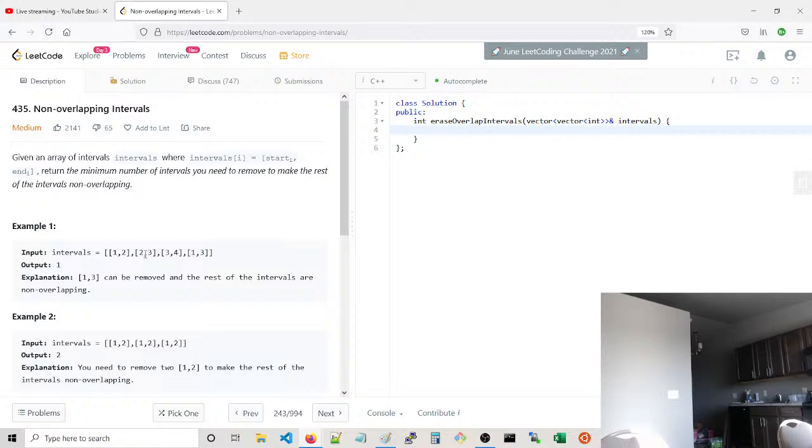We want to remove as few overlapping intervals as is possible. So let's see. Let's ponder this question.